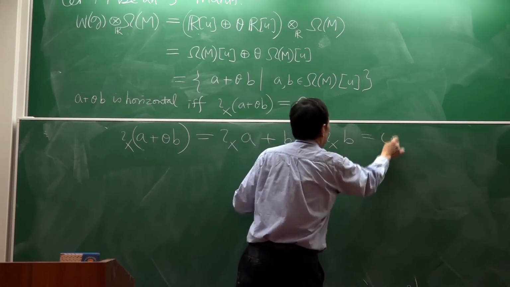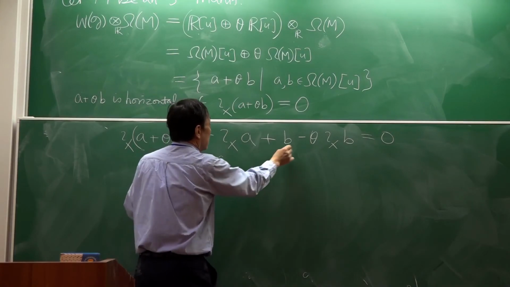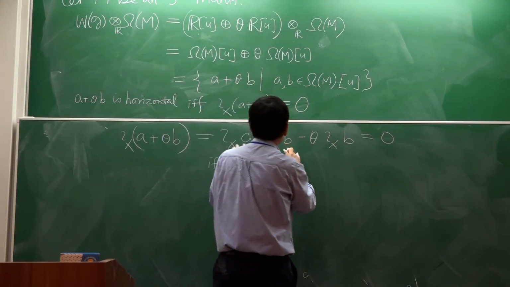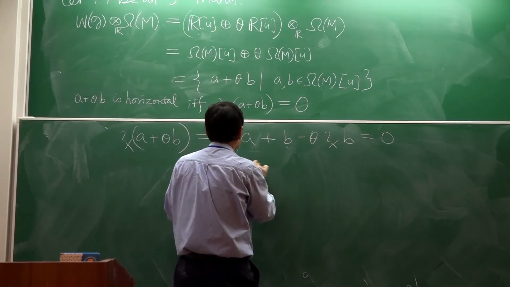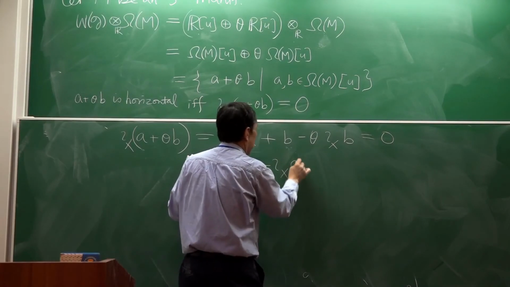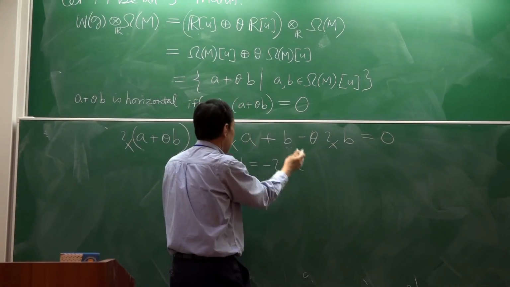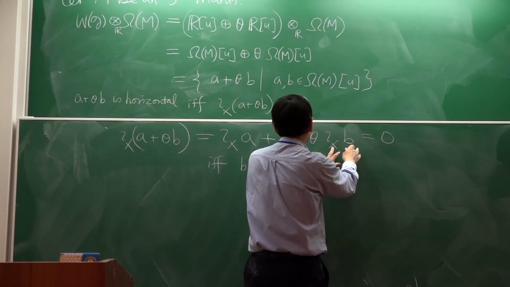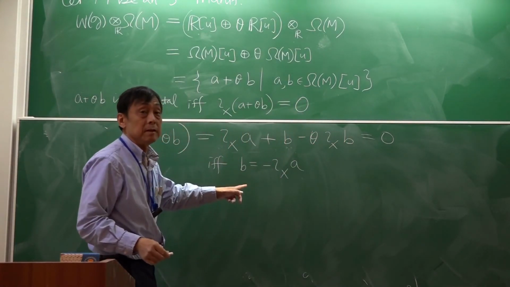And that's 0. And so that says this is constant. This has to be 0. This has no theta, right? So this has to be 0. B has to be minus Ix A. Okay? And then if B is minus Ix A, this term is automatically 0 because you have Ix. Okay? So that's the condition.